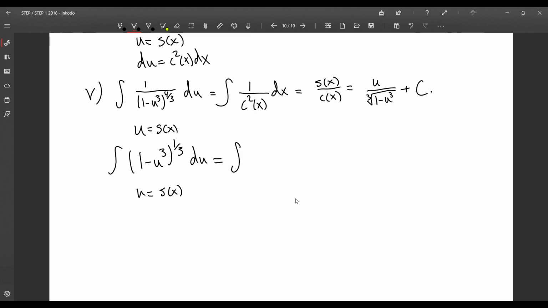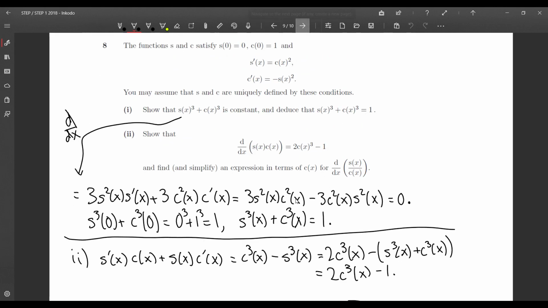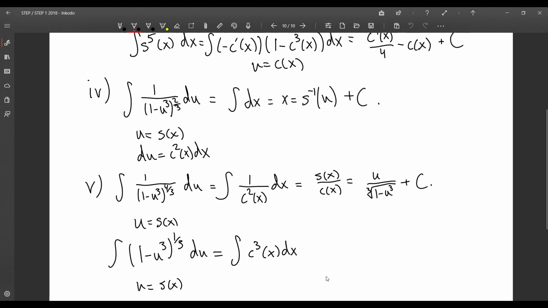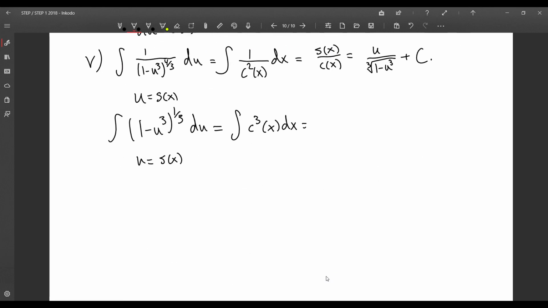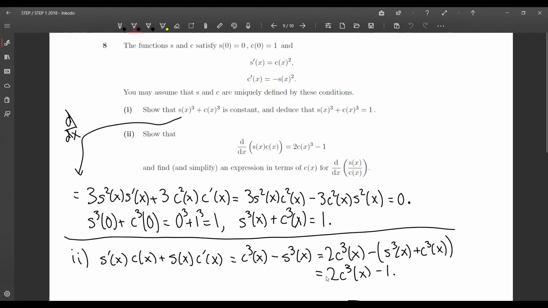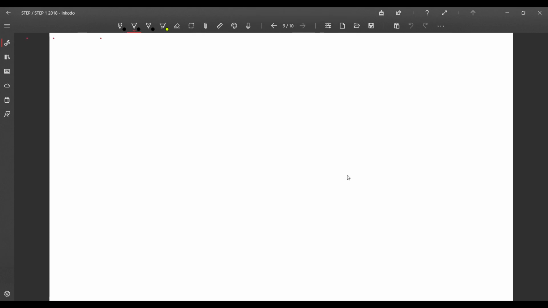Get an integral of c cubed. Okay, so this is going to be, wow.